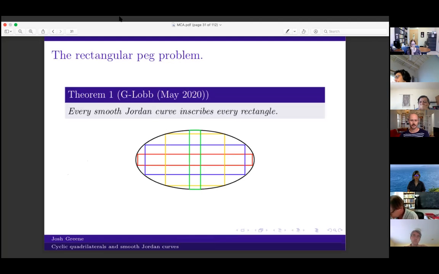And we show that every Jordan curve inscribes a rectangle of any prescribed aspect ratio. So that was what we were able to do just over a year ago. And building on that, we asked, this was a question in Matschke's survey, I mean, you could ask, a rectangle is the best you can do.